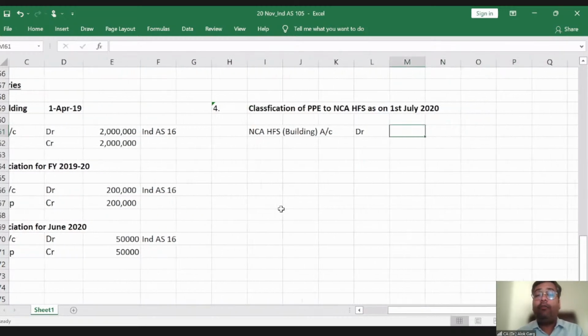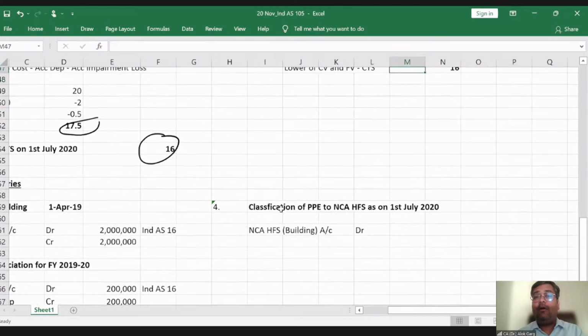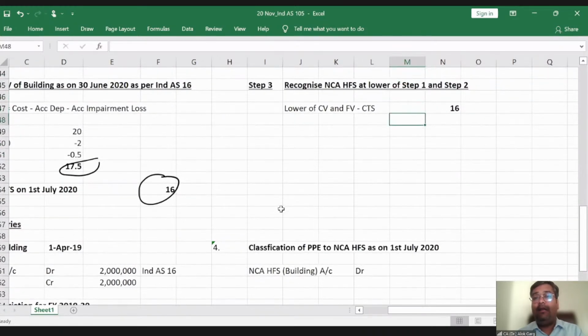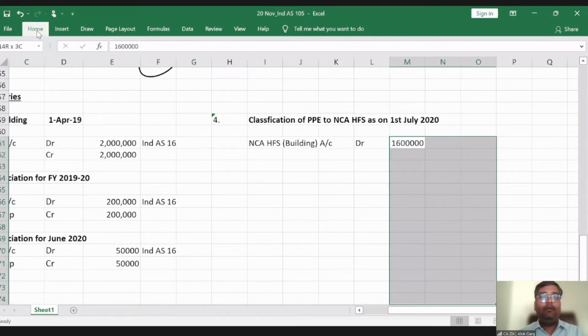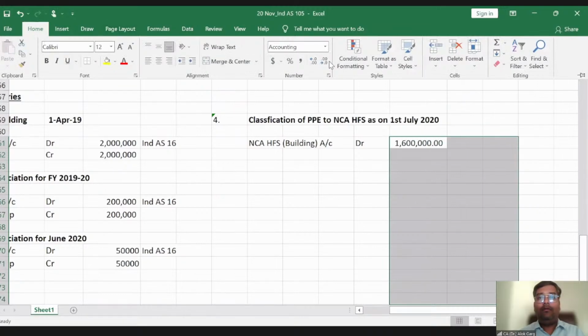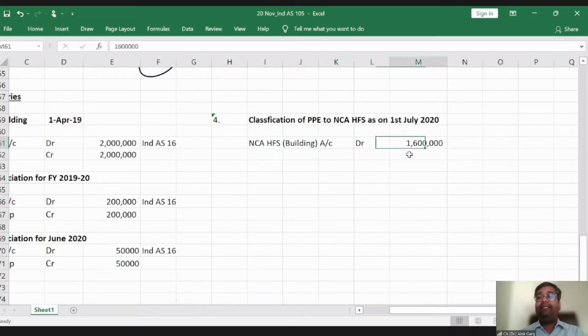At what value will you recognize? At the lower of fair value less cost to sell and carrying value. Carrying value is 17.5, fair value is 16 lakh. So you need to recognize at 16 lakh. NCA HFS account debit 16 lakh.